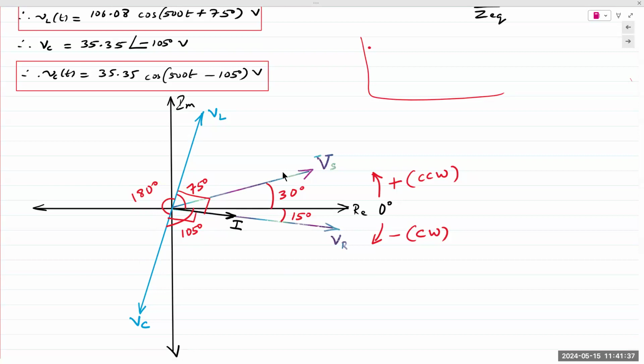It is also IR. It is also IL. It is also IC. That current I is the same for all four components. All other voltages are measured with respect to that same current. Inductor voltage is 90 degrees ahead of that current, plus 75. Plus 75 and -15 is a right angle of 90 degrees.